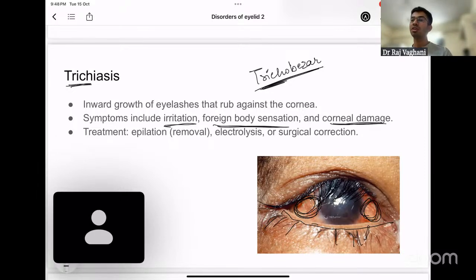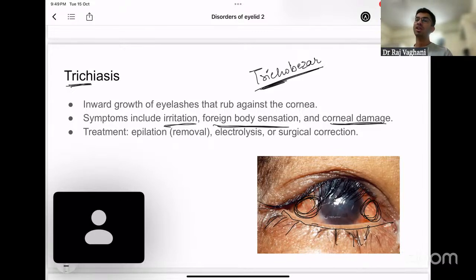Okay, so what is the treatment option? Treatment is epilation. Epilation means removing the eyelashes completely. If you remove your eyelashes, then there are no more eyelashes present to turn inwards or to touch your cornea.